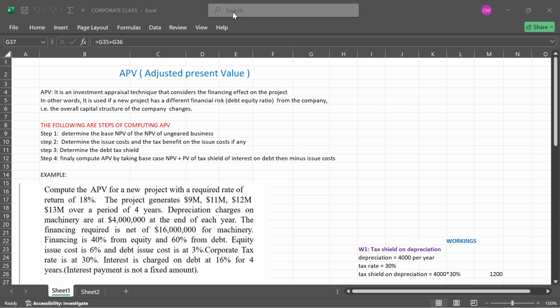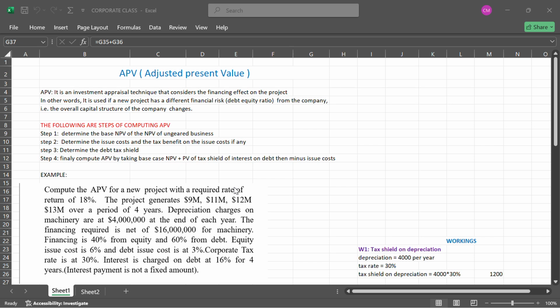effect of debt financing. So as you see in this worksheet, I have tried to arrange and put online some more key points, some more key definitions that can help you to understand well the meaning of adjusted present value. So as you see here, adjusted present value is an investment appraisal technique that considers the financing effect on the project.